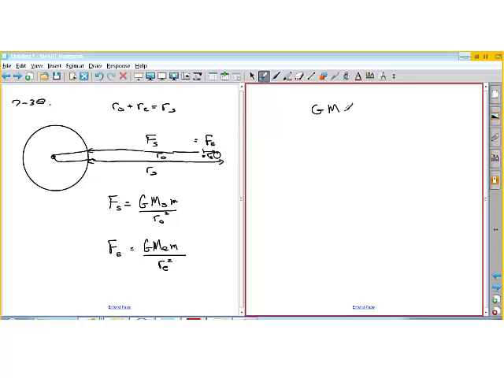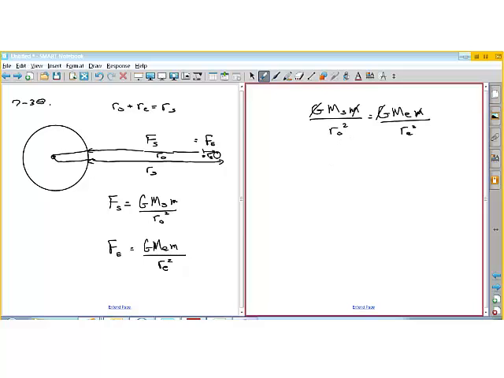So we have G times the mass of the Sun, the mass of the object, divided by r sub o squared, and that's equal to G times the mass of the Earth times the mass of the object, divided by r sub e squared, which is the distance from the object to the center of the Earth. We cancel those out. We cancel the masses out.